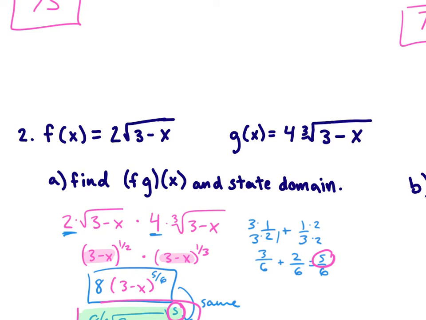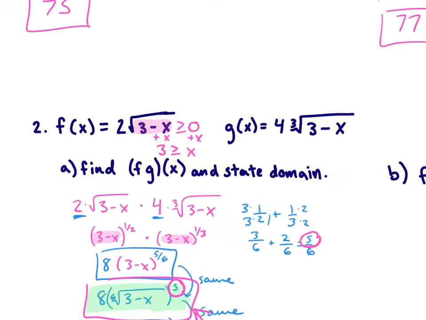You said what's underneath is greater than or equal to 0, because we can't have negatives under our square root. So we just solve for x now. I'm going to add x to both sides, so I get 3 is greater than or equal to x. So x has to be something smaller than 3, but it could also be equal to 3.